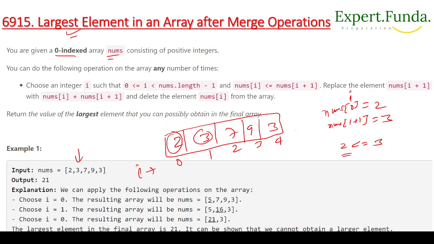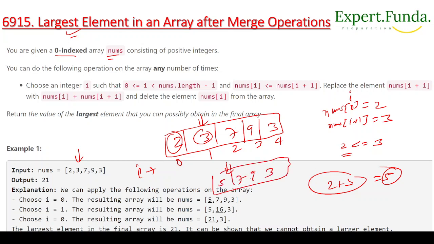In this case we do the sum: 2 plus 3 is 5. This 5 will replace the value, so the array becomes 5 7 9 3, and the old element gets removed. So we have to remove nums of i.